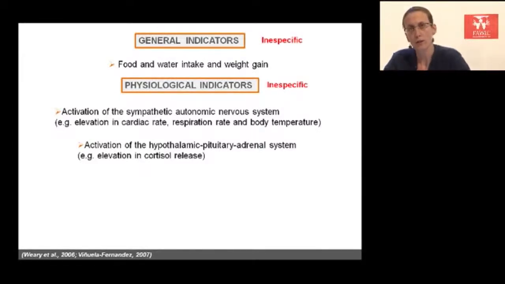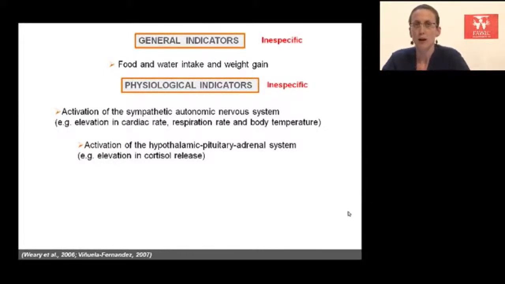On the other hand, there is the activation of the hypothalamic-pituitary-adrenal system that produces, for example, an elevation in cortisol release. Again, these physiological indicators are very unspecific, because there are other causes than pain that can modify them. For example, chronic stress can increase cortisol release, or an infection can increase rectal temperature.